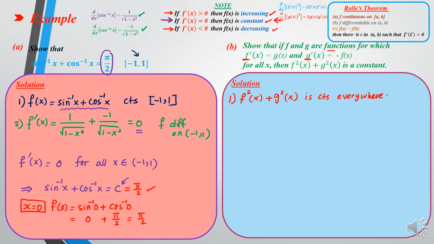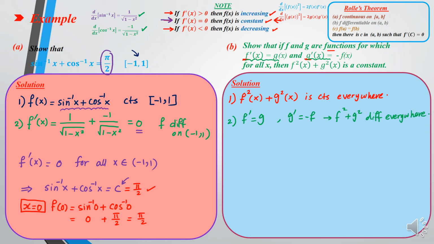Secondly, you have to check the differentiability. Now f prime equals g from the question and g prime equals negative f for all x, and this means that the function f squared plus g squared is differentiable everywhere. So the function is continuous and differentiable everywhere.